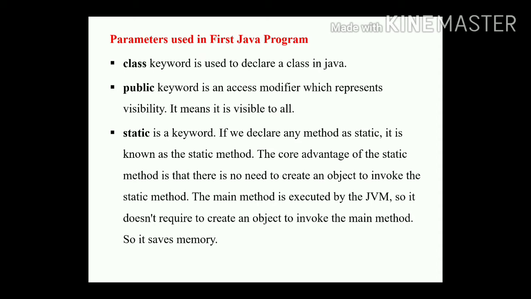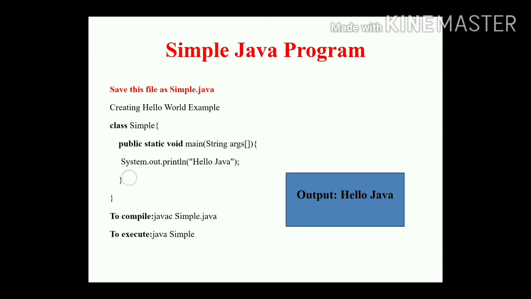Then next we declare public static void main String args. This is your main program. The execution of the Java program starts from here only. That is public static void main.